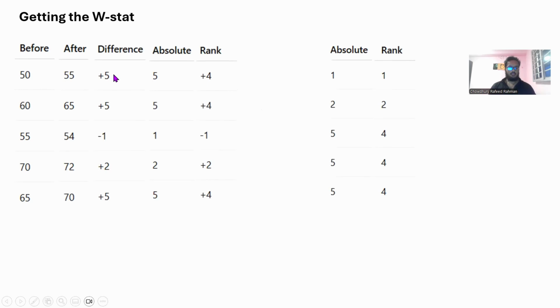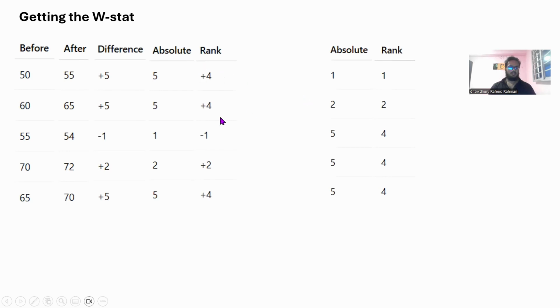Here the difference is positive, so we assign a positive number in these two cases. Here the difference is negative, so we assign a negative number in this case, and then the positive number. The first thing is we calculate the ranks, and then we assign signs to them based on the sign of the difference. That is why it is called the signed rank test.